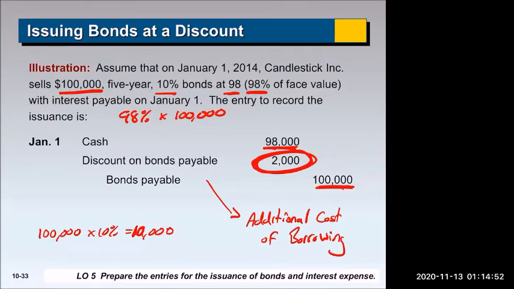It's a contra account. I have to pay you 2,000 extra dollars out of my pocket when it comes time to pay this off. And I'm paying you $10,000 a year for 5 years.